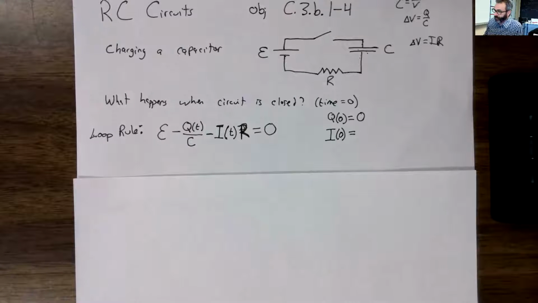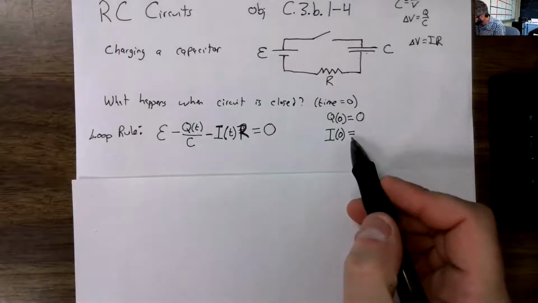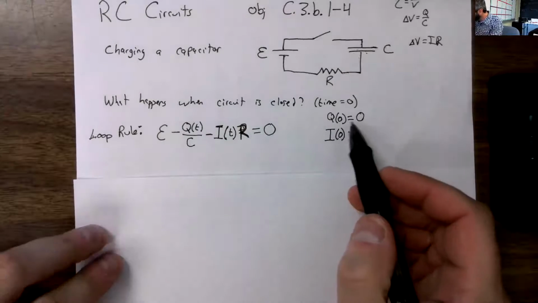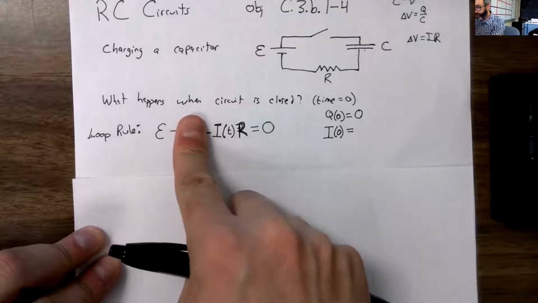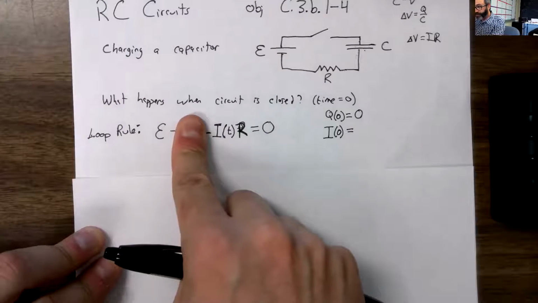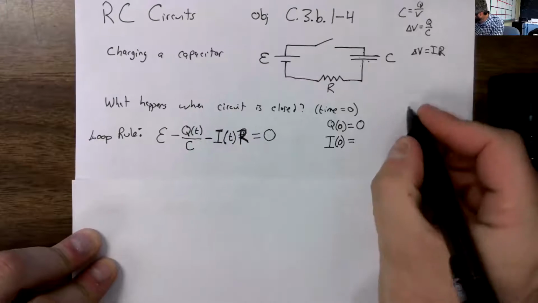I see. When the capacitor is fully charged. But at the beginning, it's just going to move according to that single resistor up there. Exactly. So we can quickly see what I of 0 is going to be, when Q of 0 is 0. At the beginning, this term doesn't exist, and we just have E minus I of t times R equals 0.